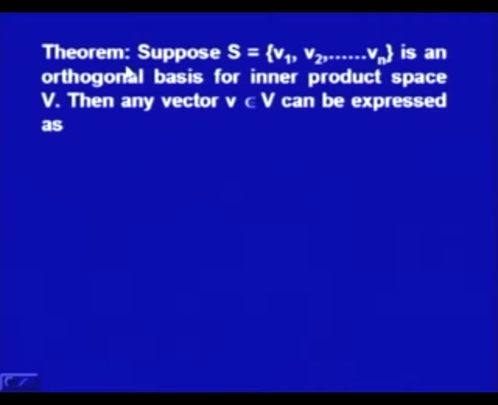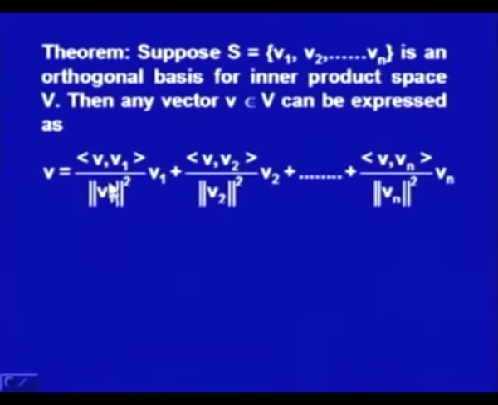Now, another result. Suppose S equal to {v_1, v_2, ..., v_n} is an orthogonal basis for an inner product space V, then any vector v belonging to V can be expressed as this.